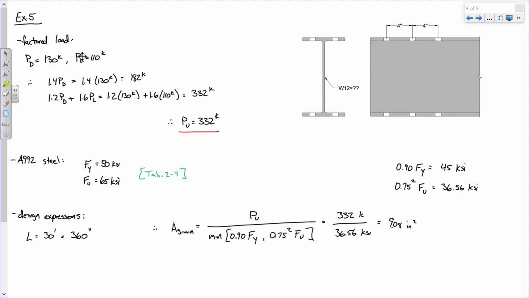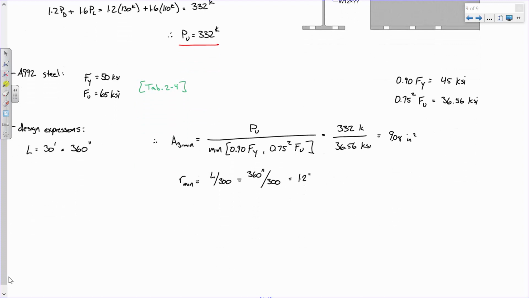Okay. All right. Now let's do the next one. R min is L over 300. So that's 360 over 300. And what is that? Is that 1.2? Yeah. 1.2 inches. Okay. Sound good? So, what this means is this. What were we restricting this problem to? A W12.